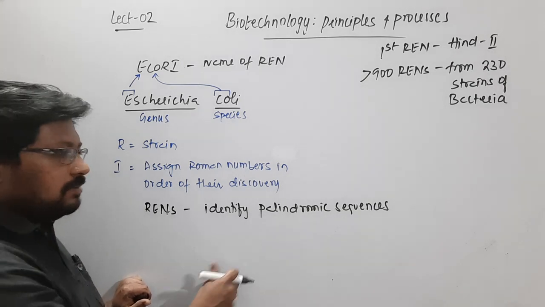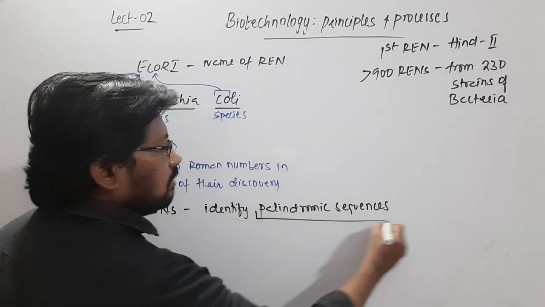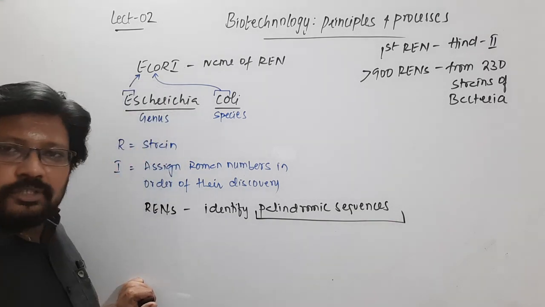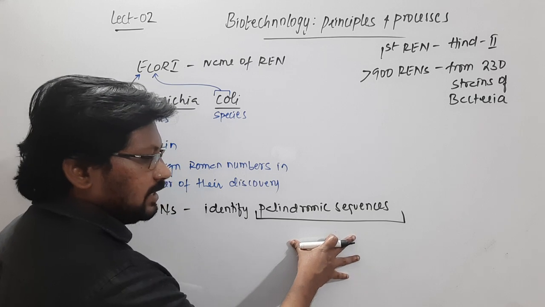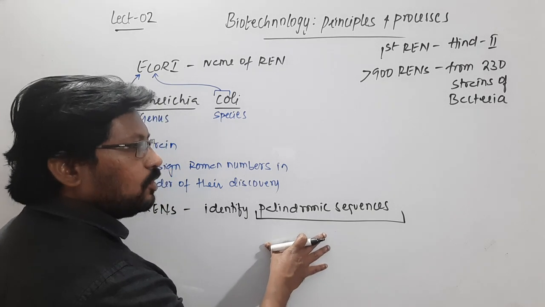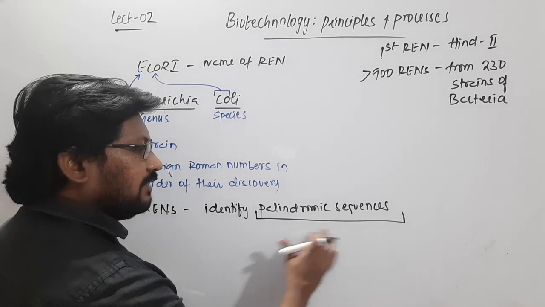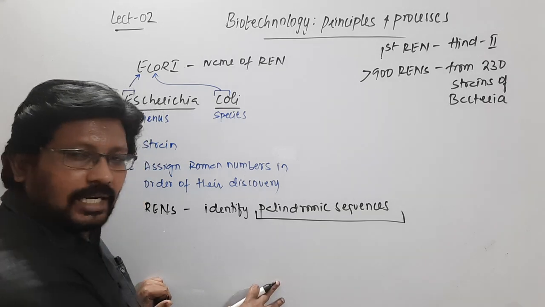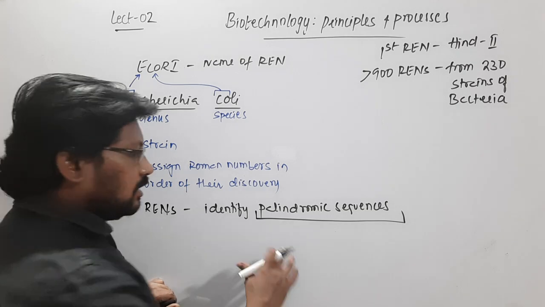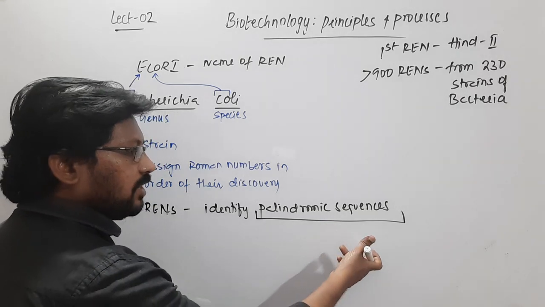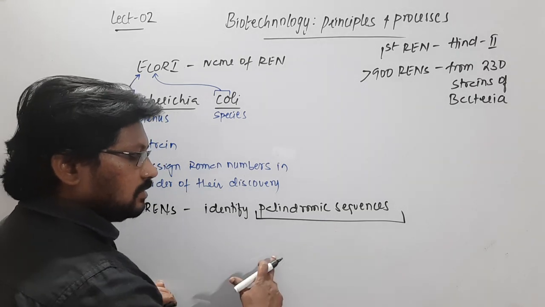Now the question comes, what are these palindromic sequences? Palindromic sequences are bases that are read the same from left to right and from right to left, that is, from 5' to 3' and again from right to left.